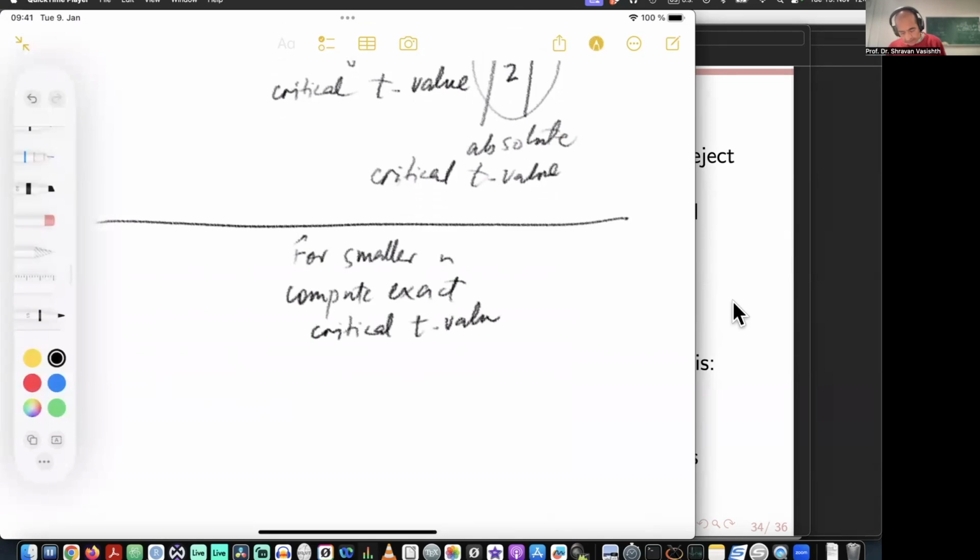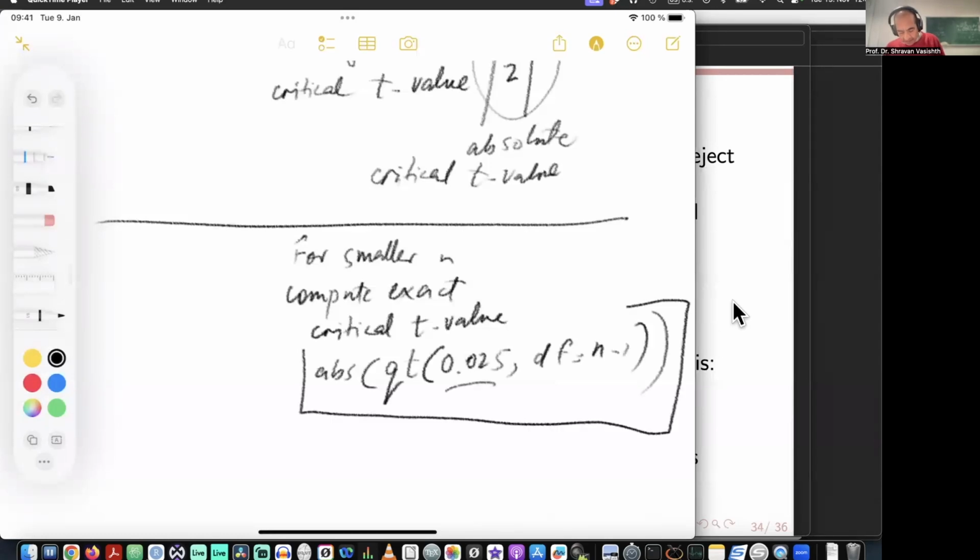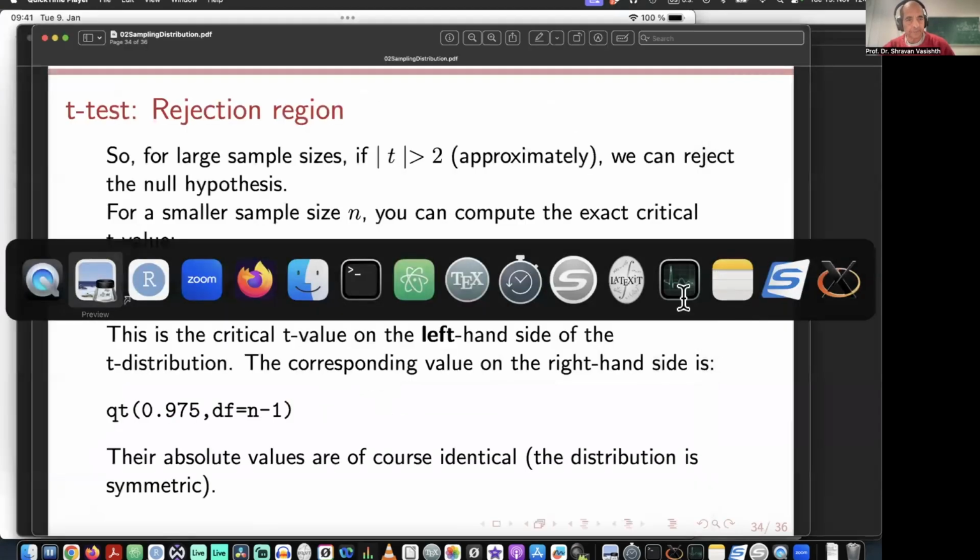And how would you do that? You would compute the absolute quantile such that the area under the curve to the left of it, for whatever degrees of freedom n minus 1, is 2.5%, right? So this would be the exact critical t-value, but for large n, you can just get away with assuming that plus minus 2 is your critical t-value, right? Okay.